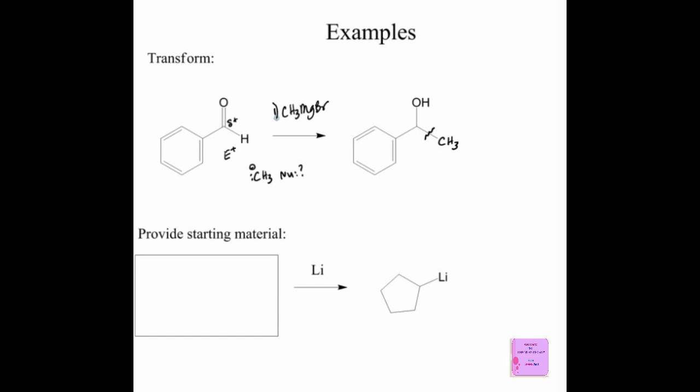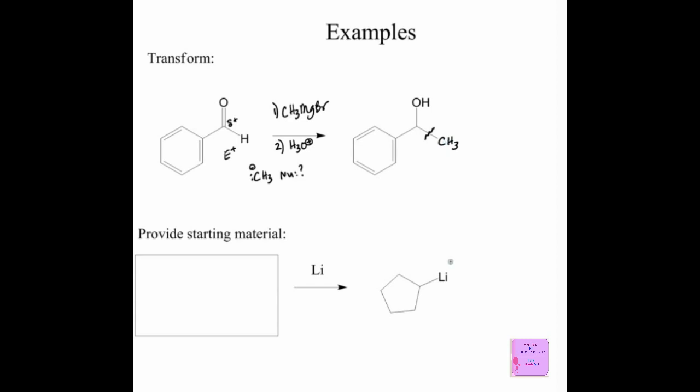We would do that as step 1, and as step 2, after the Grignard, we would need some kind of aqueous workup, H3O+, for example, and that would protonate the O- to give an alcohol product. So more than just a simple reduction of the carbonyl, we also added in a new carbon group. So this is how we could use our Grignard reagent.